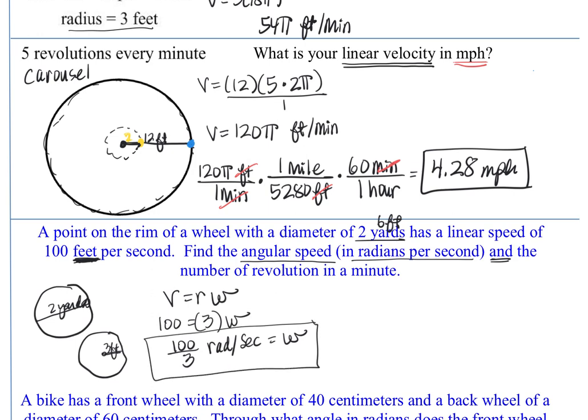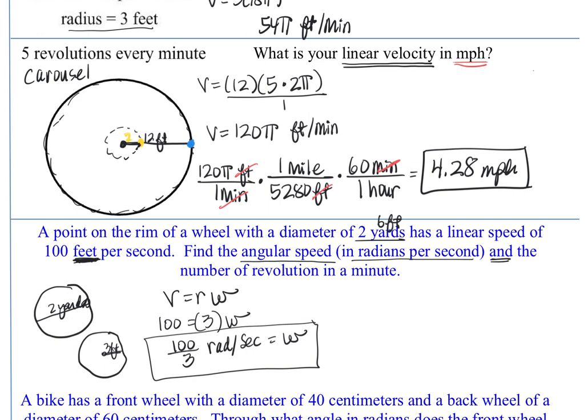All right, so the next part says the number of revolutions in a minute. Okay, number of revolutions. So how far does it go? Well, we got our angular speed here is 100 over 3.